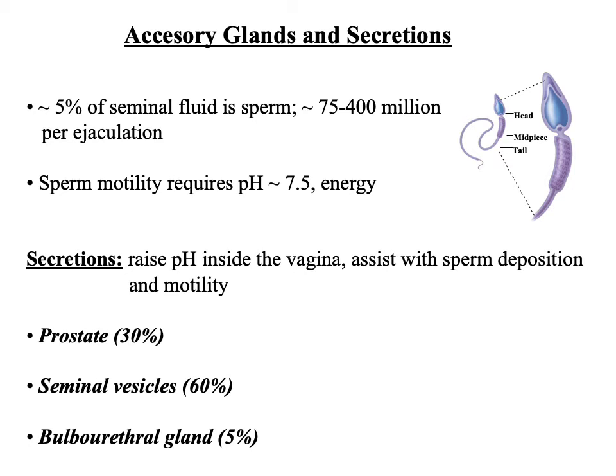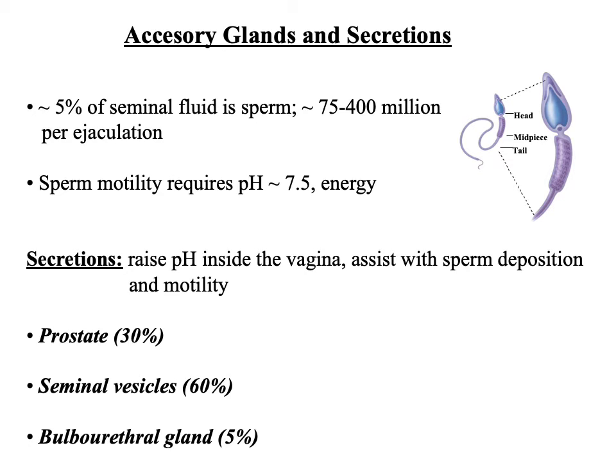Only about 5% of the seminal fluid is sperm. That's a small percentage, but realistically, the numbers of sperm are anywhere between 75 to 400 million per ejaculation. So it might be a small percentage, but it certainly is not a small number of cells.